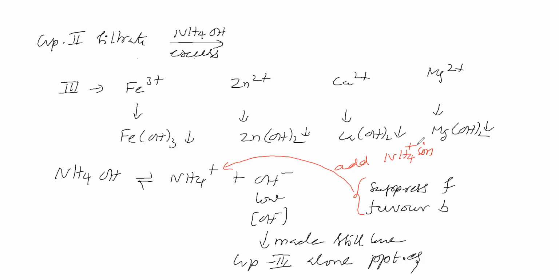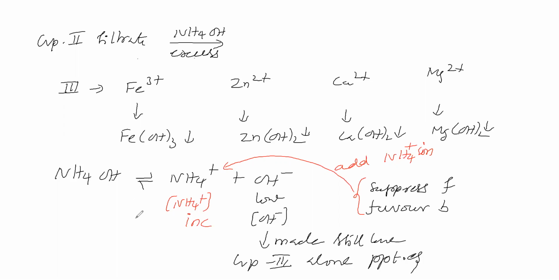You are adding ammonium ions, so you are raising this concentration externally. So what happens? Forward is suppressed, backward is favored.